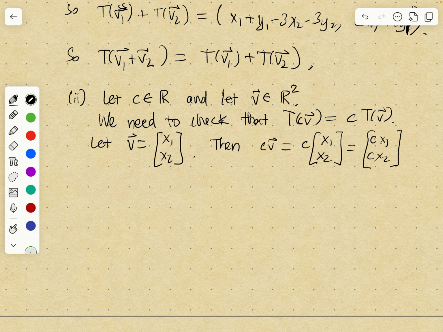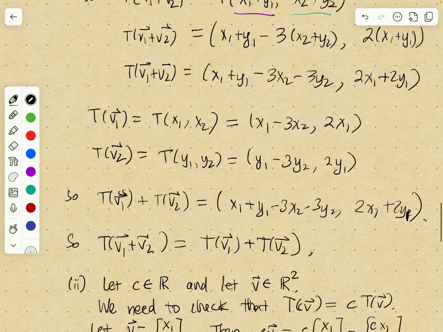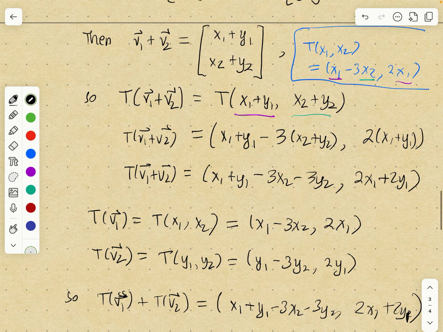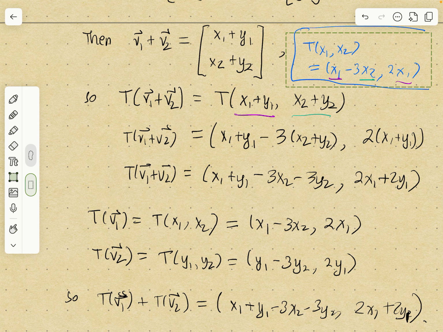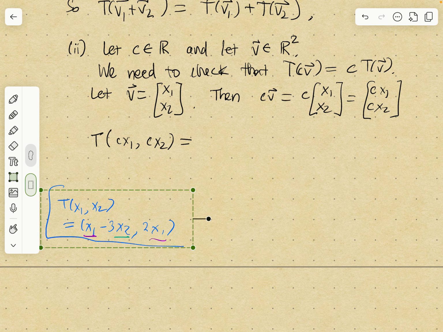Now we plug that into T. So T of, now I'm switching back to the notation of plugging in the point. T of Cx1 comma Cx2, that's going to be, now we need the formula for T again. Let's see if I can move that down here.